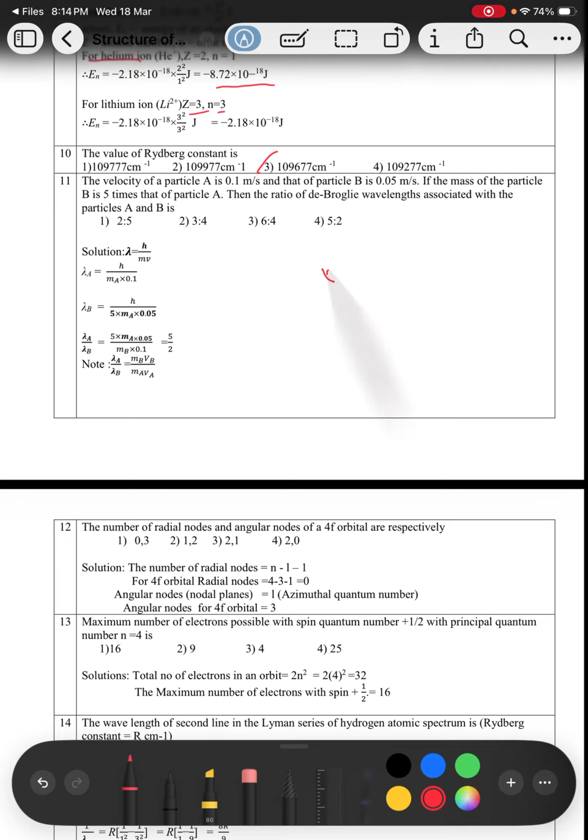So lambda is inversely proportional to the mass and velocity. So lambda 1 by lambda 2 is equal to m2 v2 by m1 v1. Here 1 is A, 2 is B.